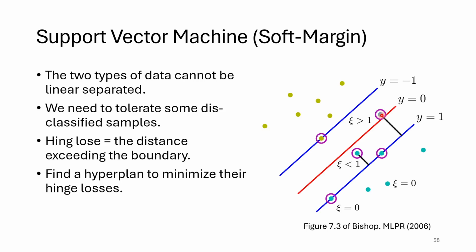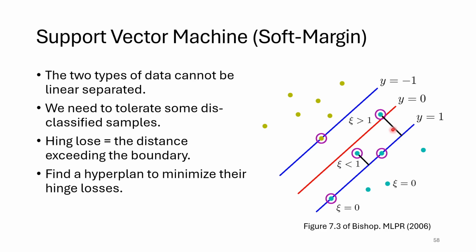For a soft margin support vector machine, if there is no such excellent separating hyperplane, then it needs to tolerate some loss, and the loss is defined as the hinge loss. So this is the boundary of a support vector machine.